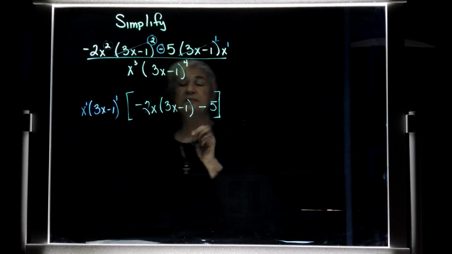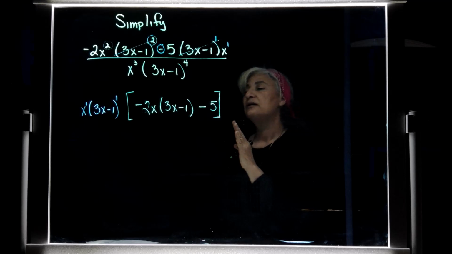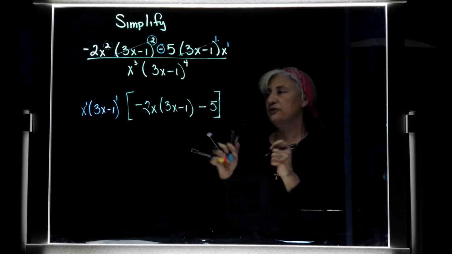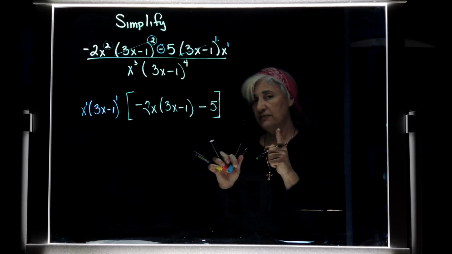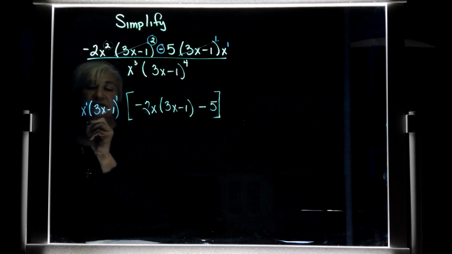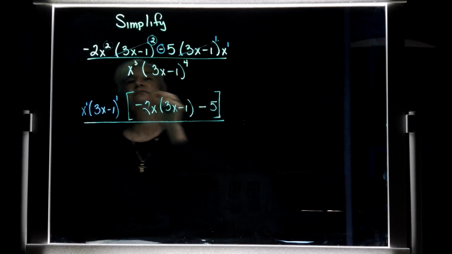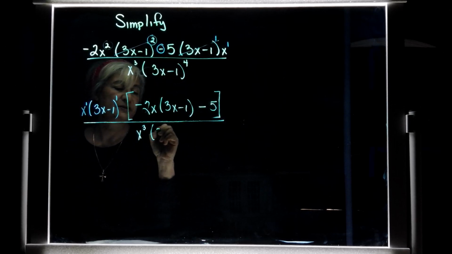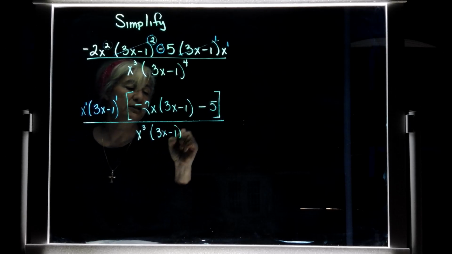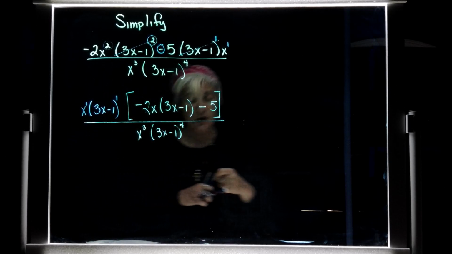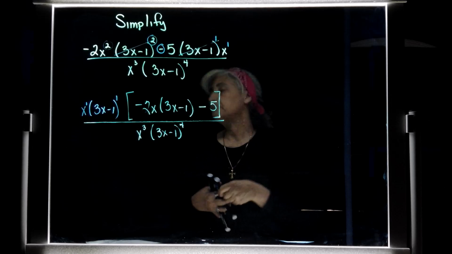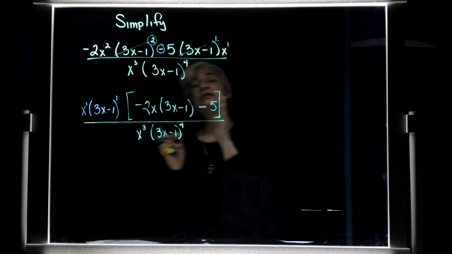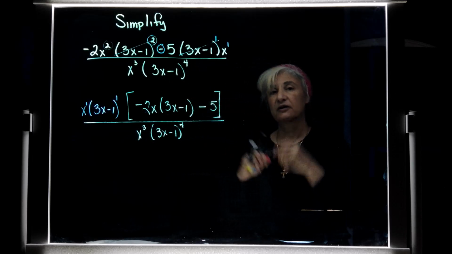So that's all that remains after factoring out x times the quantity 3x minus 1. Good? Okay. And that is still over x cubed, and then the parentheses of 3x minus 1 to the power of 4. Good?